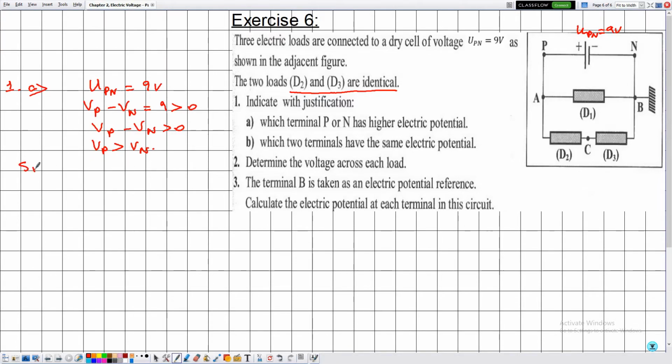So since Vp is greater than Vn, then the terminal or the point P has higher electric potential compared to N.